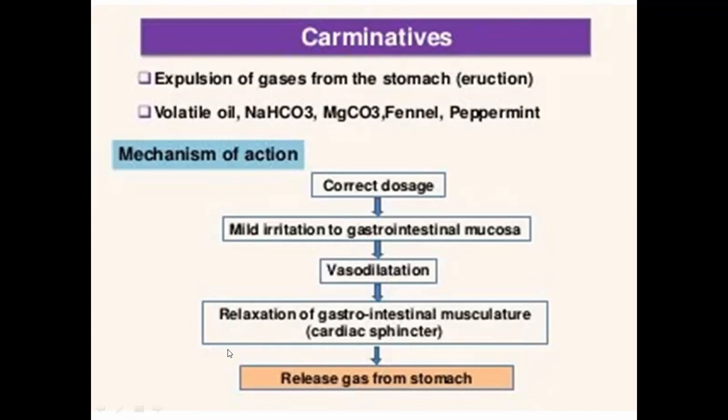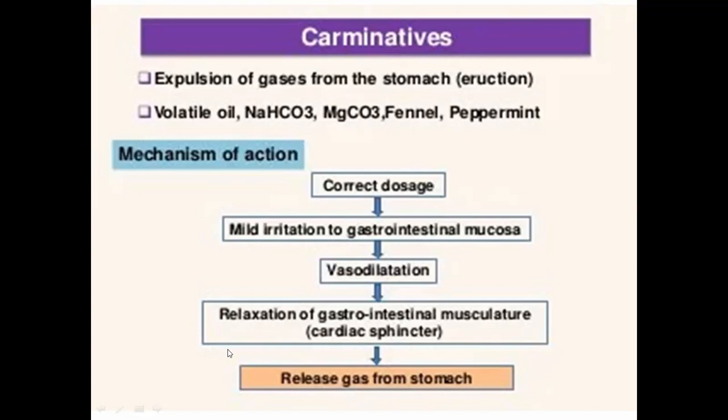Firstly, we have to take the carminative in the correct dosage form. After that, it produces mild irritation in the GIT mucosa. Mild means medium. After that, it produces a vasodilation effect.